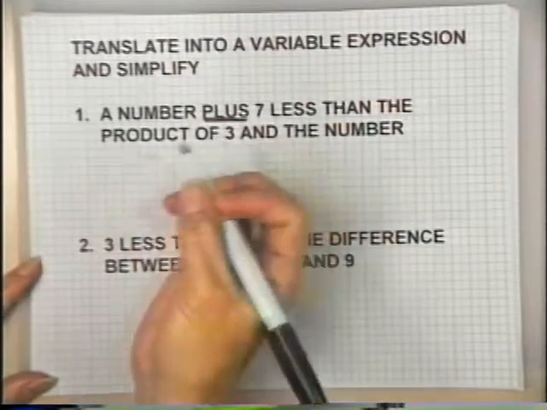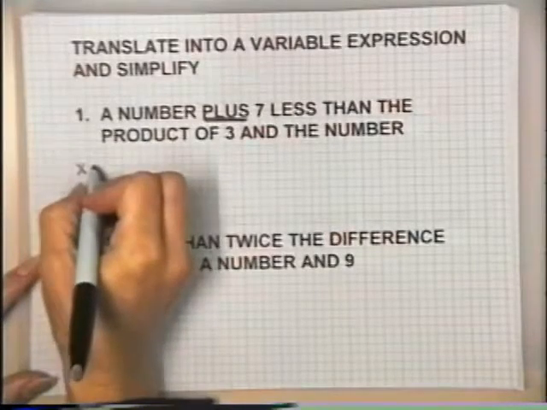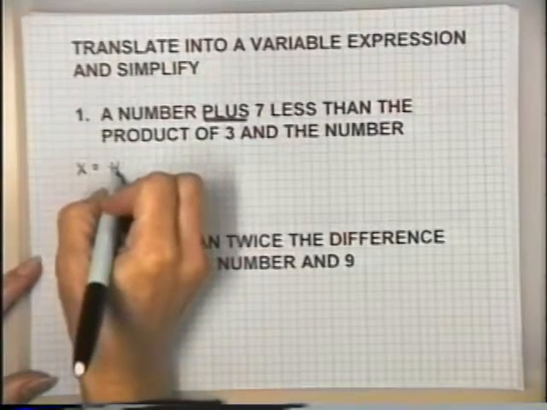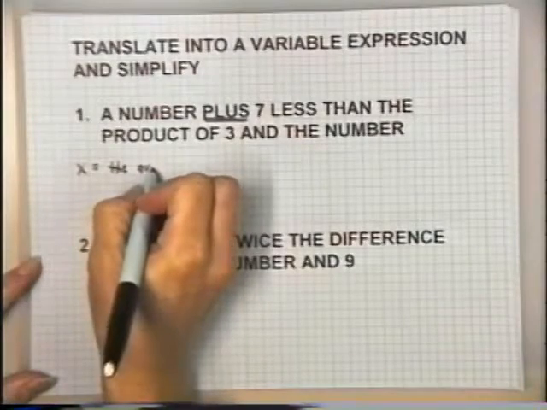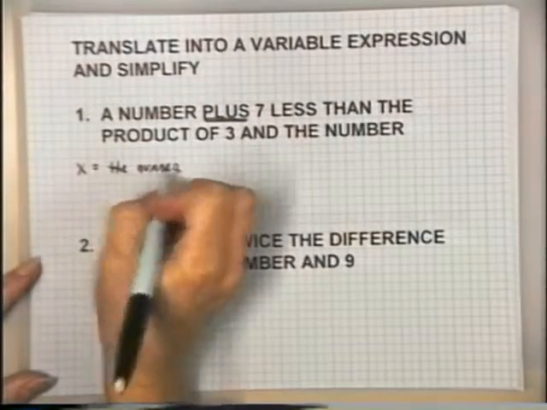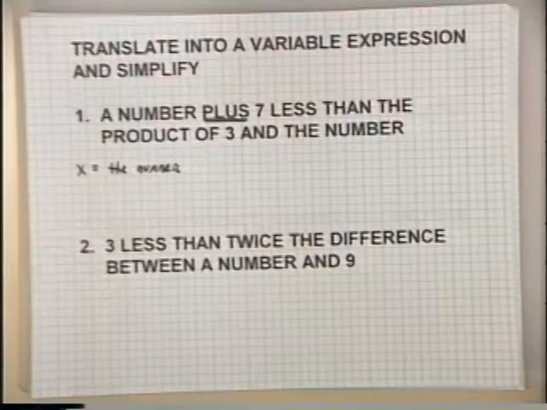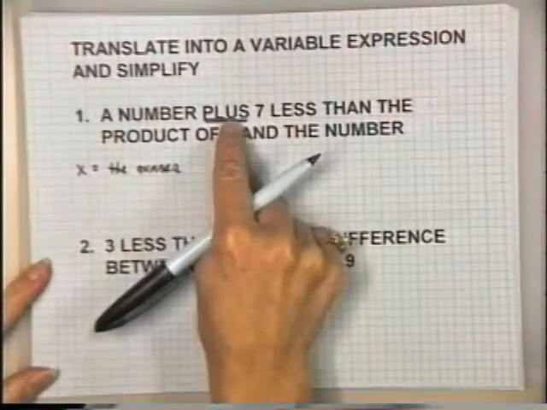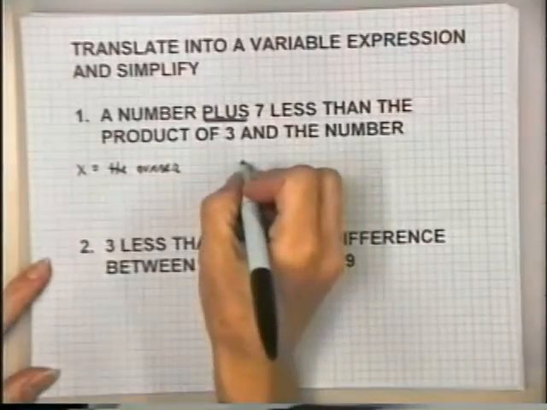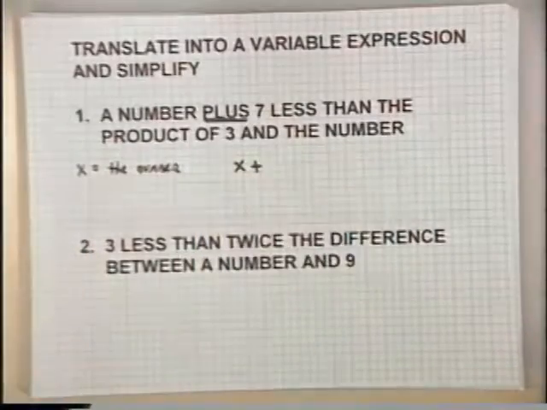So what I'm going to do first down here is to write down x is going to equal this number that I do not know. So using this expression, I will be able to write down an expression for this. A number plus, x is the number, so we know we're going to have x plus something.